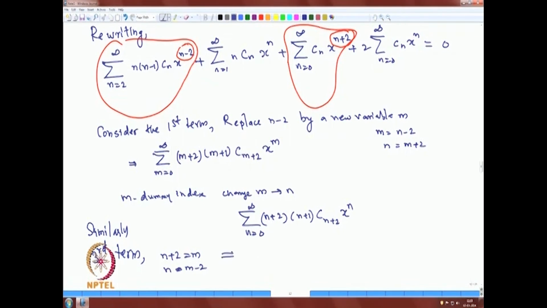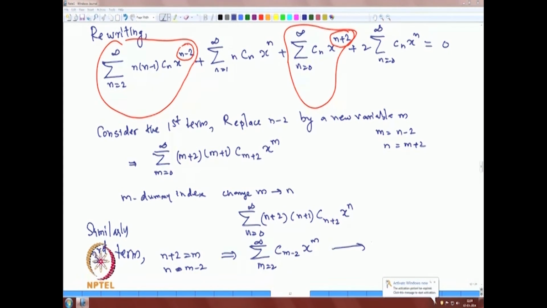So, in terms of m, m is going from 2 to infinity, C m minus 2 x to the power m, and again m is a dummy index.